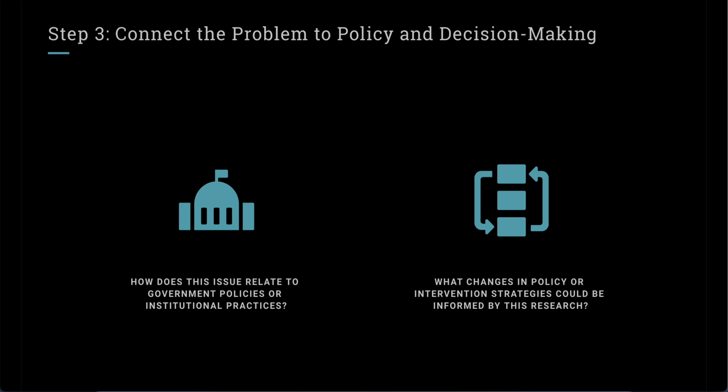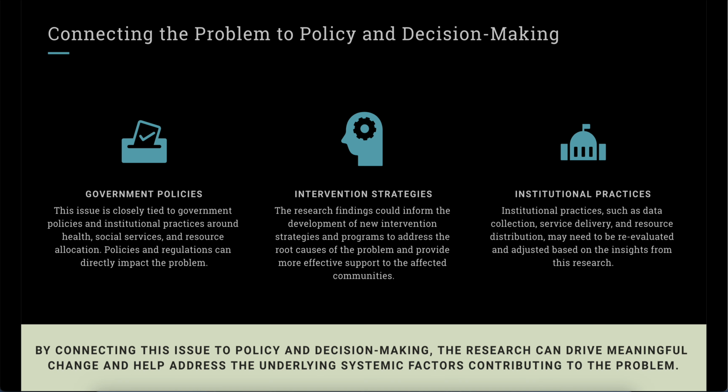What changes in policy or intervention could be informed by your research? What could your research tell us that would allow us to backfeed through that problem thought process you're going through right now? And how could we change things? What could be the long-term effect of understanding your problem and actioning it? It might be that we see government policy changes, district policy changes, state policy changes.